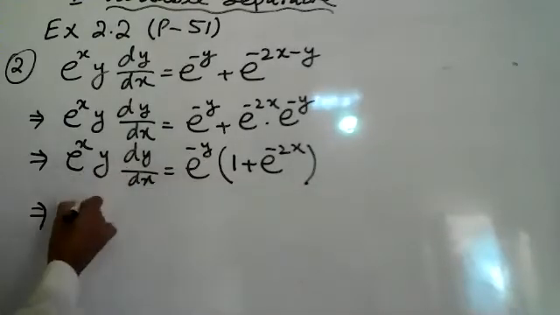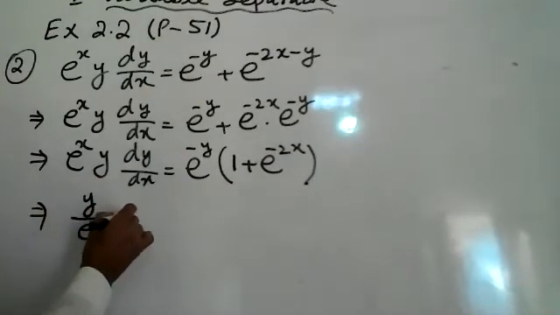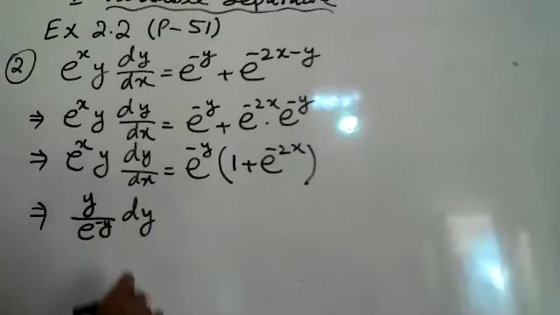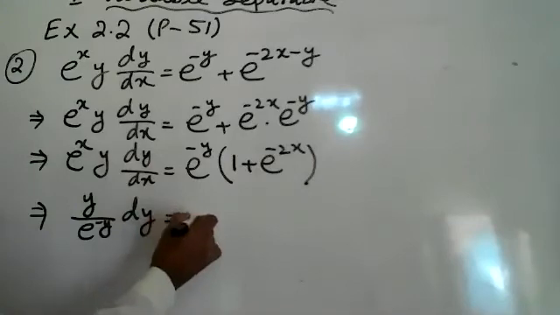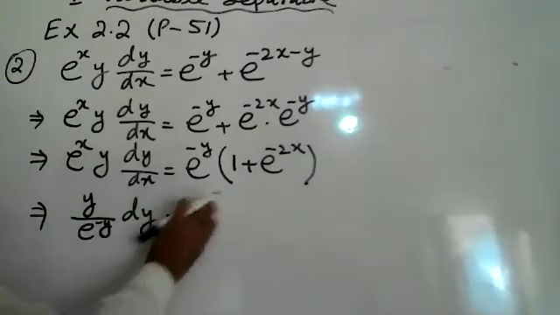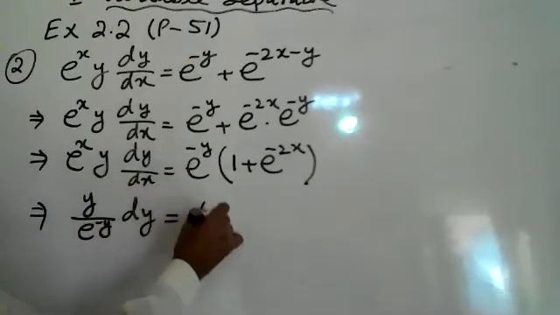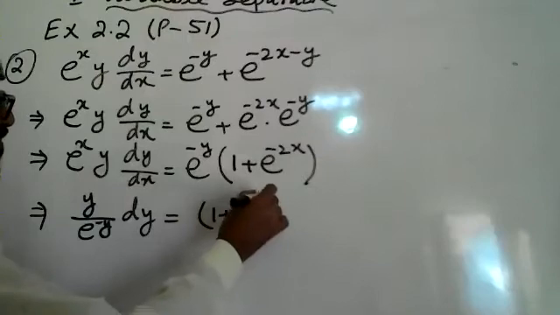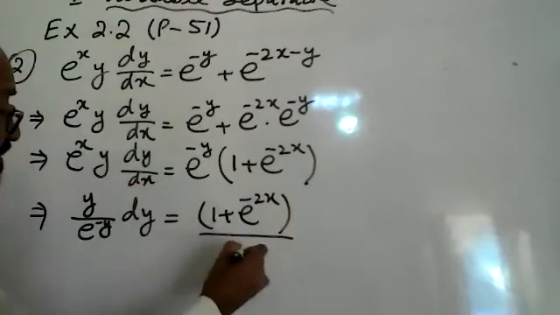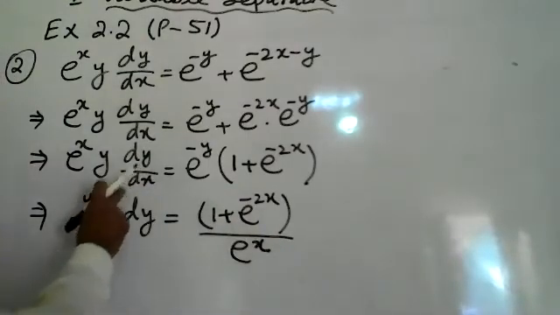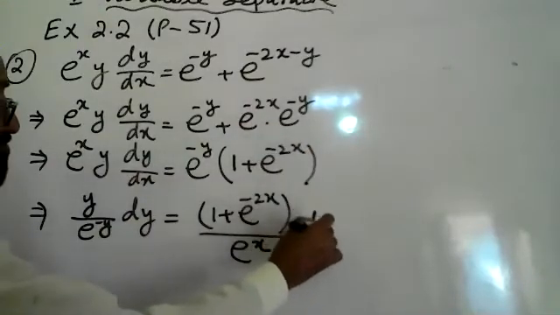So it will come over there: y upon e raised to power minus y dy is equal to e raised to power minus y has been shifted over there. There is only 1 plus e raised to power minus 2x. It will be shifted over there, and dx is also shifted over there. This is upon e raised to power x, multiplied over there, dx.